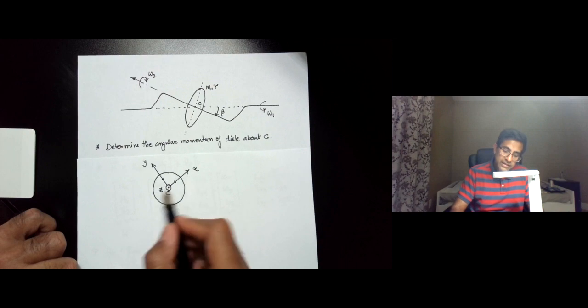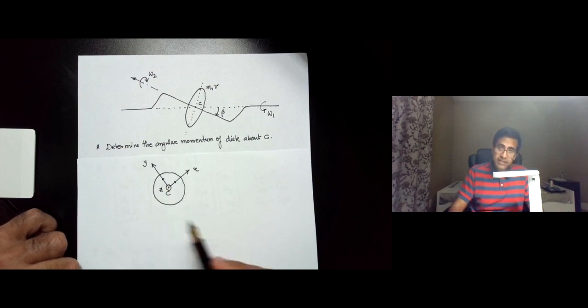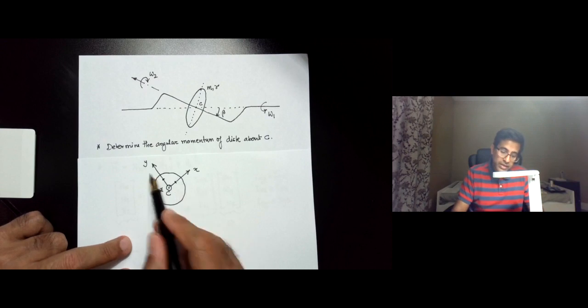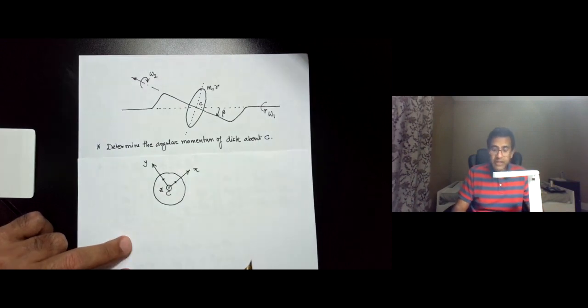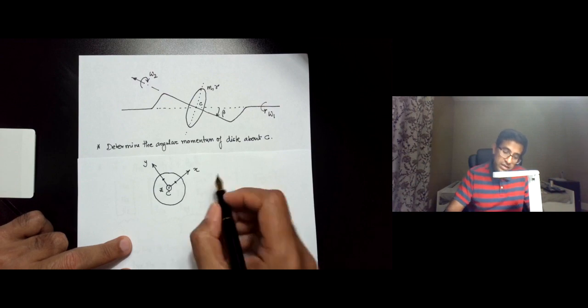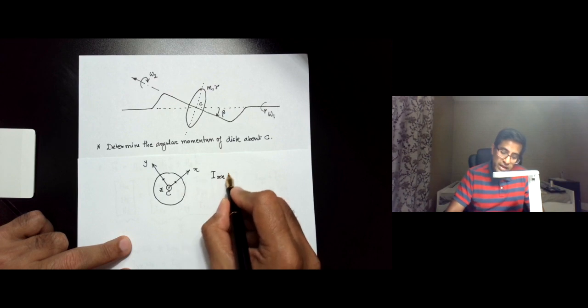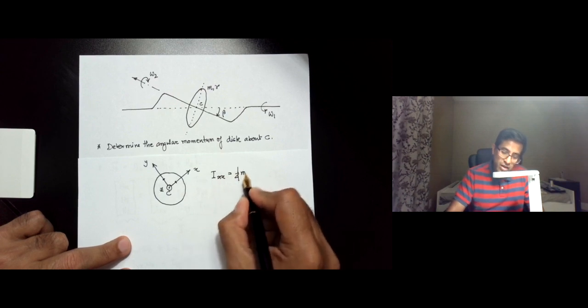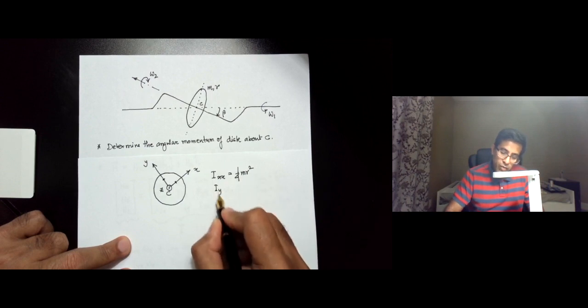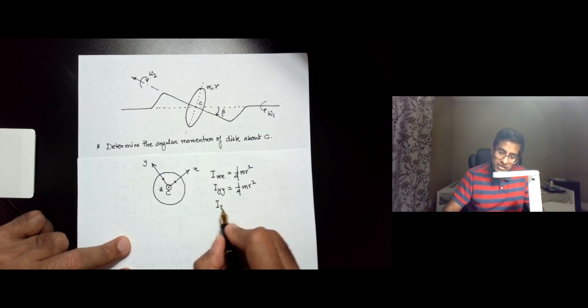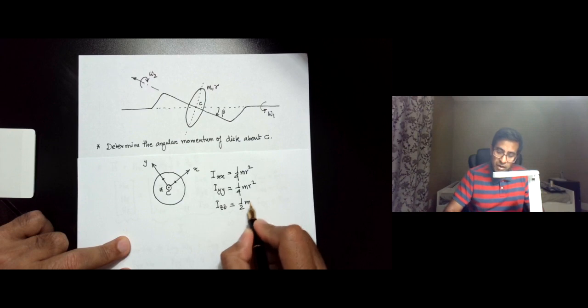And you can see that the x-axis is an axis of symmetry, y-axis is an axis of symmetry, and z is also an axis of symmetry. So indeed, this combination x, y, z fixed to the disk forms the principal axis, and here it is quite easy to prove that Ixx is equal to 1/4 mr squared, Iyy is also 1/4 mr squared, and Izz is half mr squared.